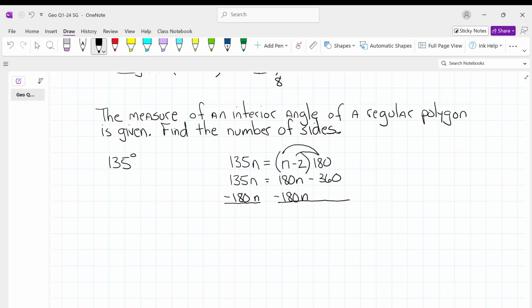And 135 minus 180 is equal to negative 45n is equal to negative 360. And then we divide both sides by negative 45.